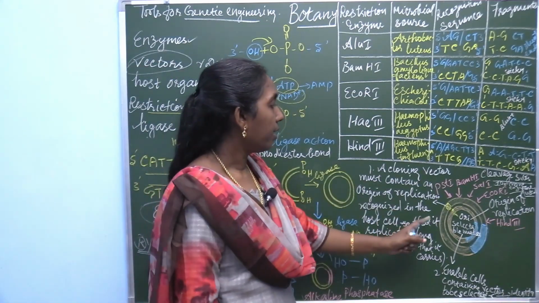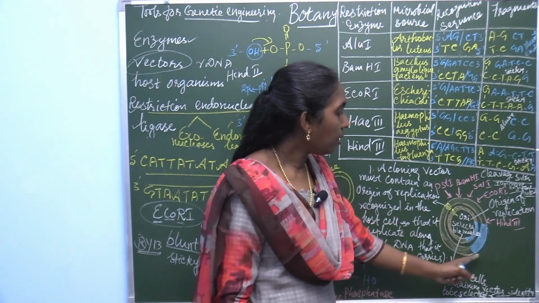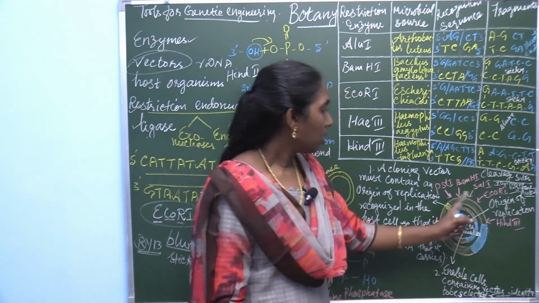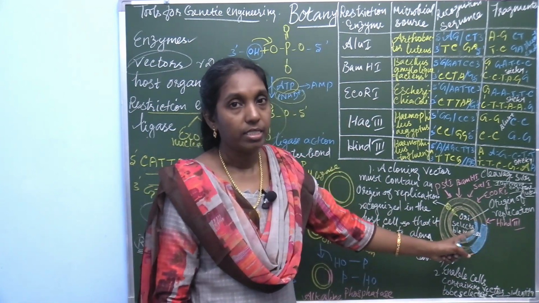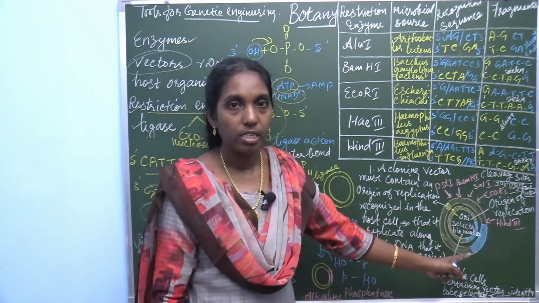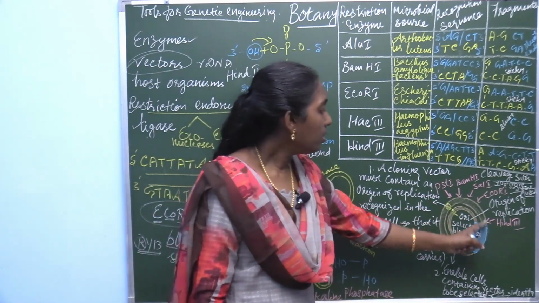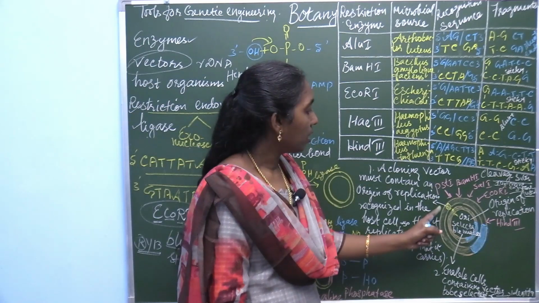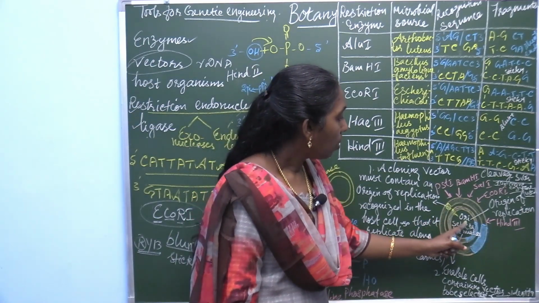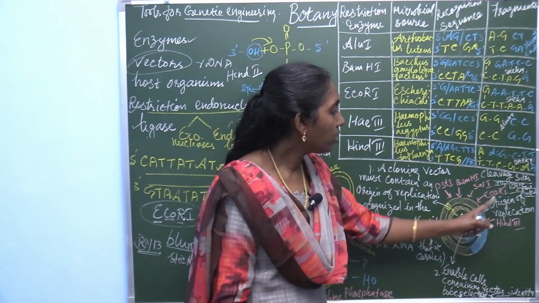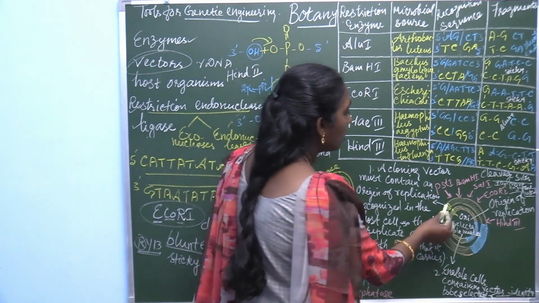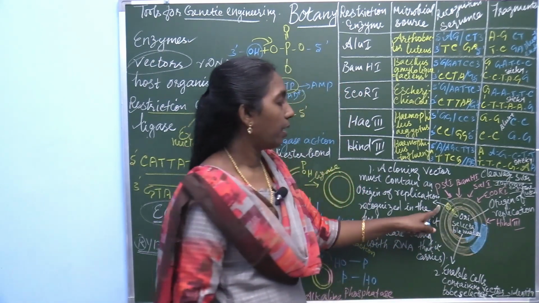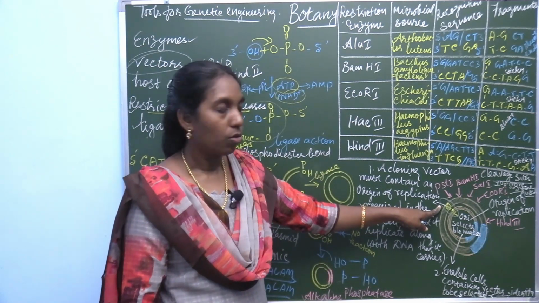Look at this diagram. This is the plasmid, or the vector used as a plasmid, also called a cloning vehicle. In this there are three important regions. This region is called ORI, the origin of replication. What is the role of this?